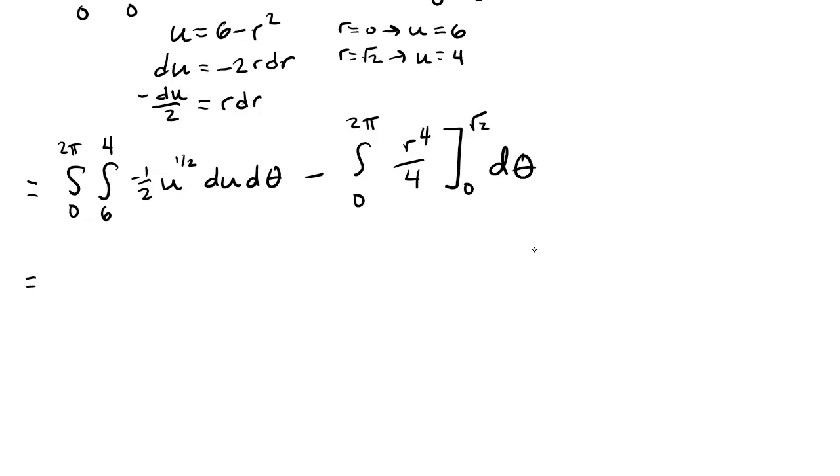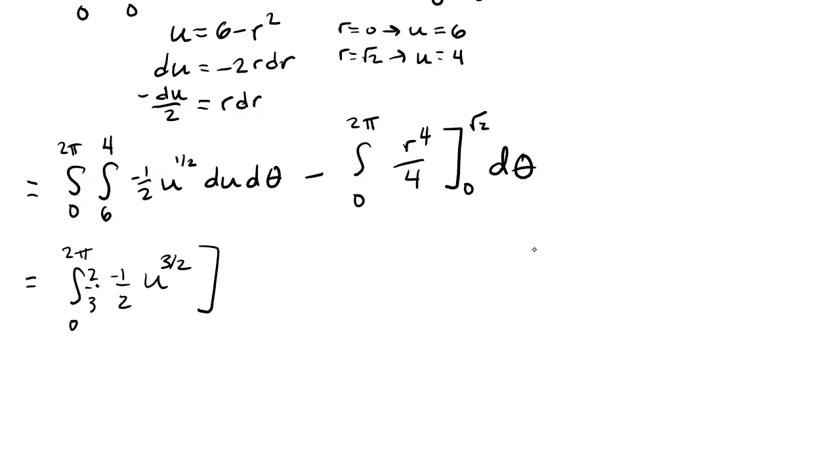So in this first integral then, we're going to have the integral 0 to 2 pi. So the u to the 1/2 is going to go to u to the 3/2. We increase by 1. We've got that negative 1/2 out front, and we're going to divide by 3/2, which is multiplying by 2/3.